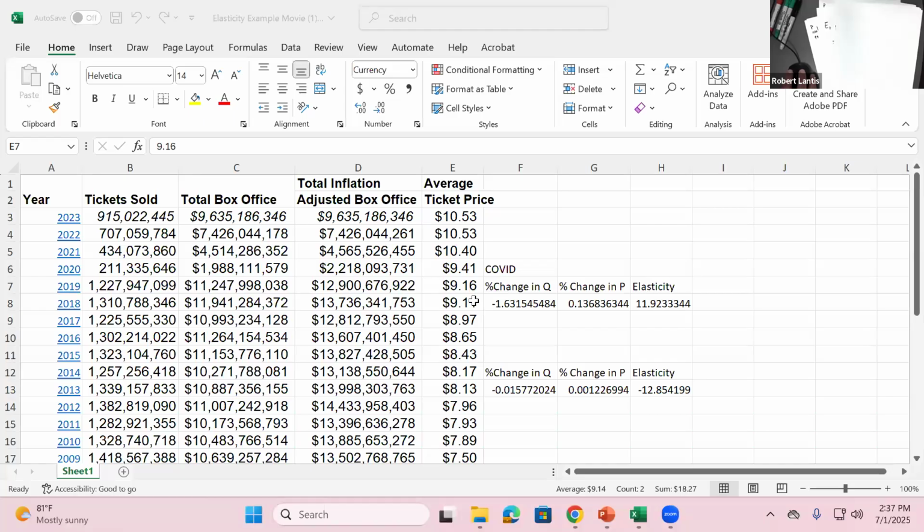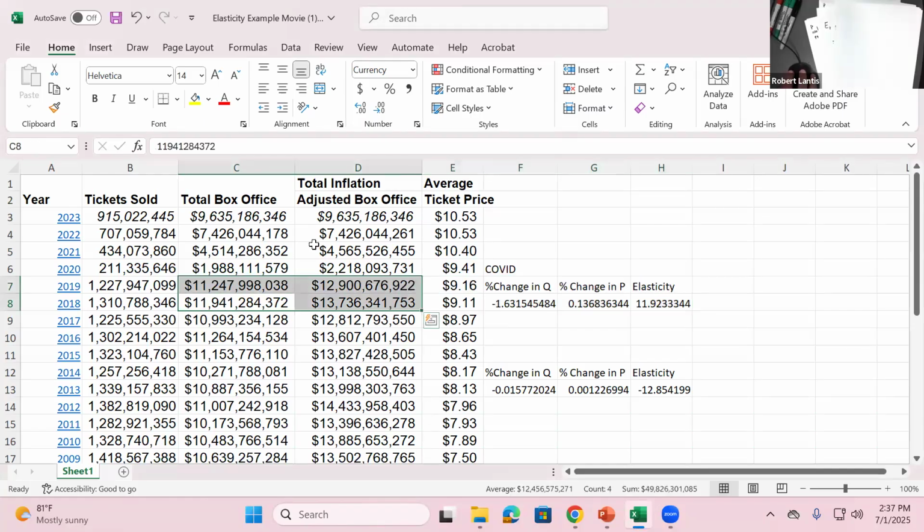Sure enough, when they increased the price and demand was elastic, my total revenues, or my total box office, even after they adjusted for inflation, went down. So I don't know what the movie theater industry was thinking here. They should have been able to determine that we're on an elastic portion of our demand curve here. Increasing prices is just going to lower our total revenue.